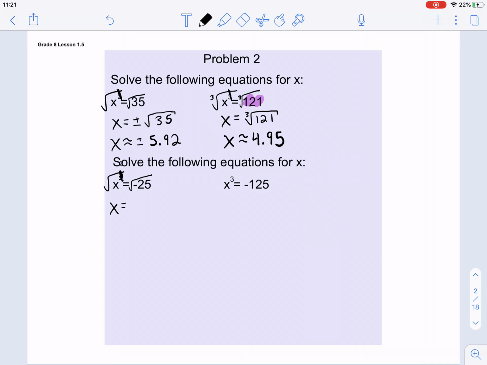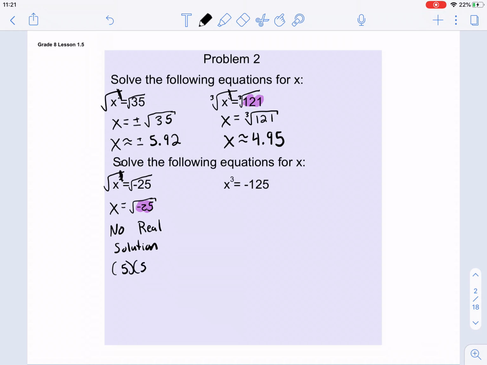Here, I have the square root of negative 25. We are not able to take the square root of a negative number, so any time you get a negative under your square root, we would say that there's no real solution. The reason why is because I have to multiply the same number by itself when I'm taking the square root.